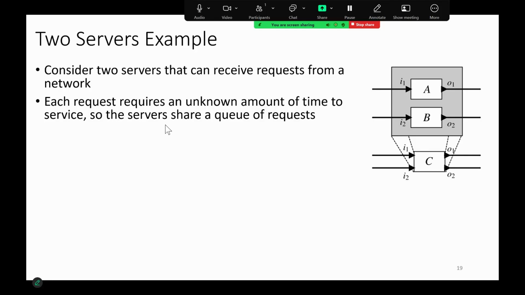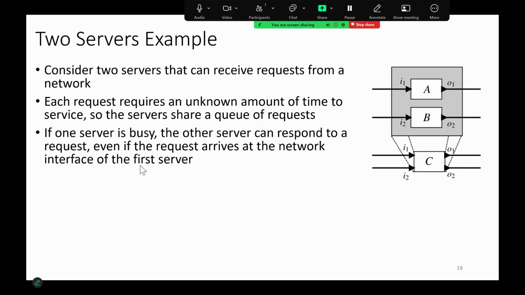So the servers share a queue of requests. If one server is busy, the other server can respond to requests, even if the request arrives at the network interface of the first server. So it might go to server A or server B, and it's unknown how much it will take, and they share a queue of requests.